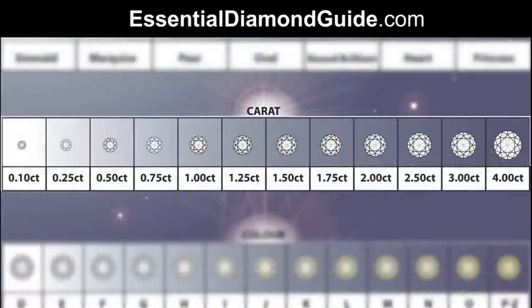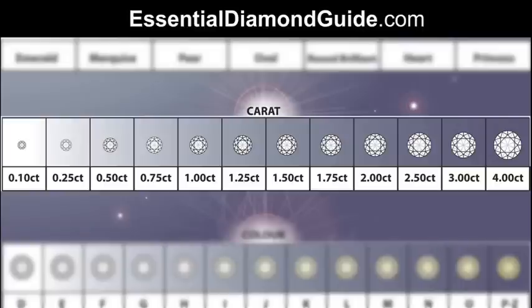Now our next section of this is carat. Carat is actually a weight, so a heavier diamond will typically be larger than a smaller diamond, but carat is not a measure of size, it is a measure of weight. 1 carat equals 1/5 of a gram. In our diagram we've got relative sizes, so 0.1 of a carat or 0.10 is also often referred to as 10 points.